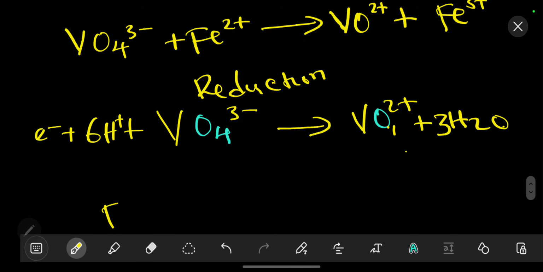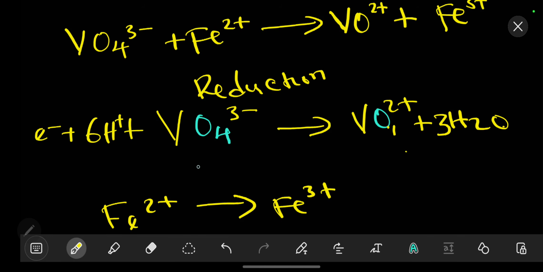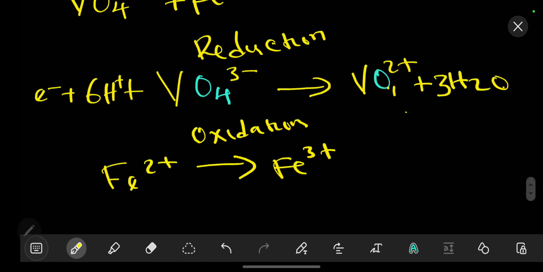If we have our Fe2 positive to become our Fe3 positive, this is oxidation, because in oxidation the number increases. The only thing is that the charge here is positive 3, and on this other side it is a positive 2.